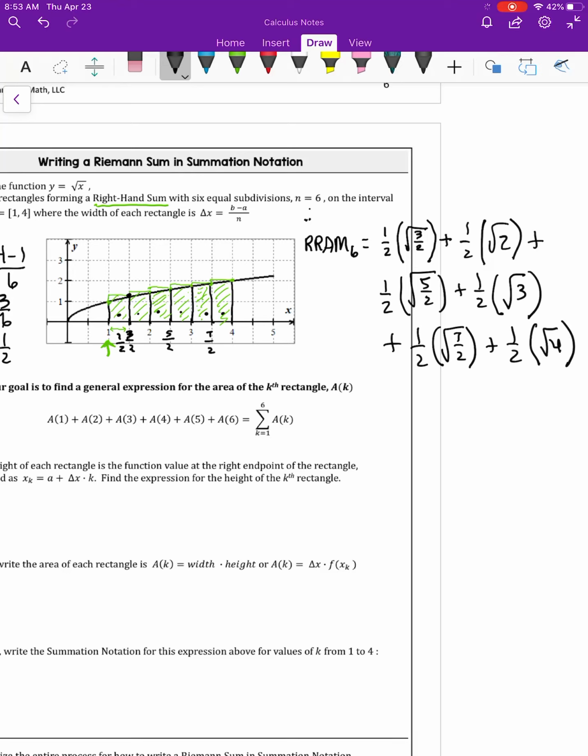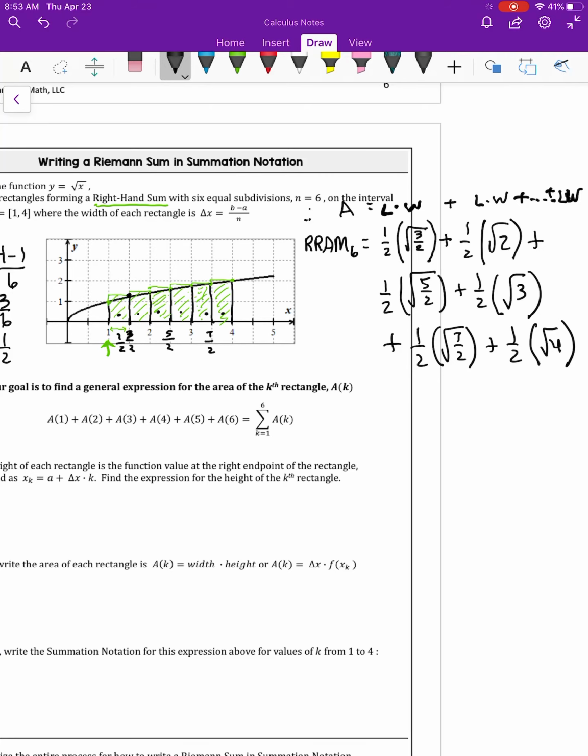Plus my next one is a half wide also, and it's at 5/2, so square root of 5/2. Plus 1/2, and the next one's at 3, so square root of 3. Plus 1/2, this one is at 7/2, so square root of 7/2. Plus 1/2, and the last one's at square root of 4.